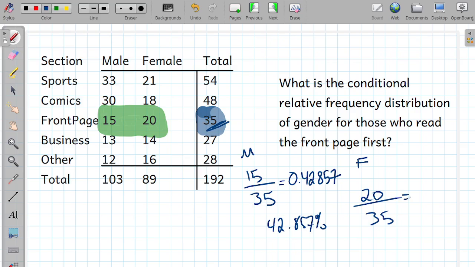So you can always check your numbers by just thinking about, does this make sense? It should make sense. It doesn't necessarily mean everything works 100%. So here we have 20 out of 35, so that's 4/7. And Mr. Calculator says we have 57.143.